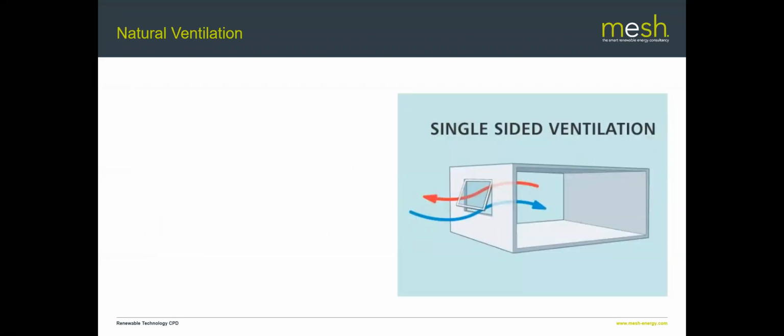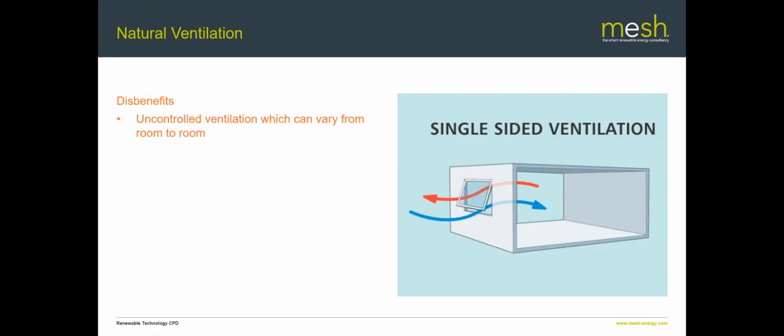So here's another natural ventilation scenario. This is single-sided. You might quite often see in a block of flats or something, or in a larger development where you've got a single aspect. These are notoriously poor in terms of ventilation, which is why I've used that particular image on this slide.